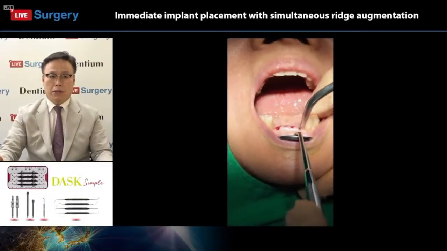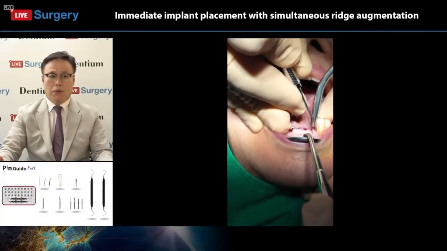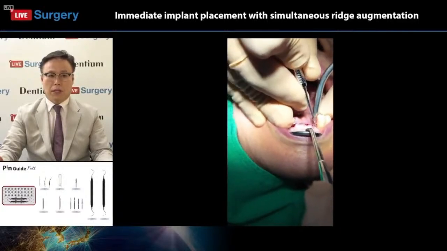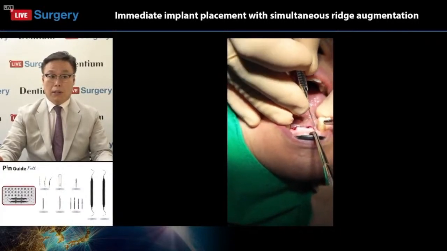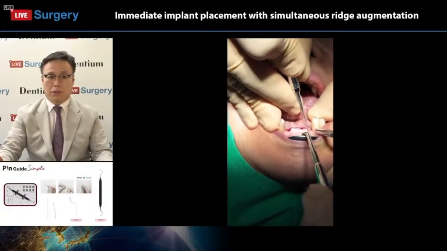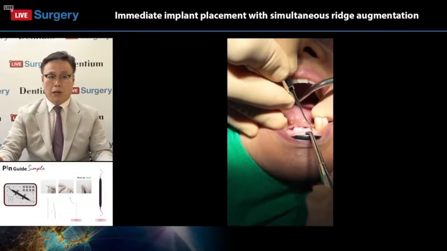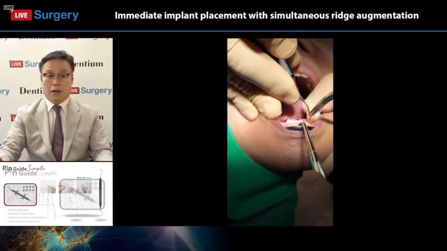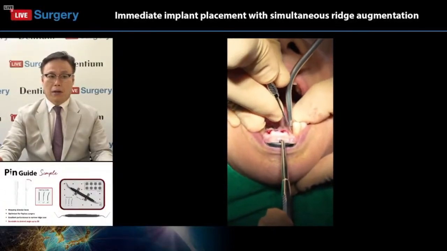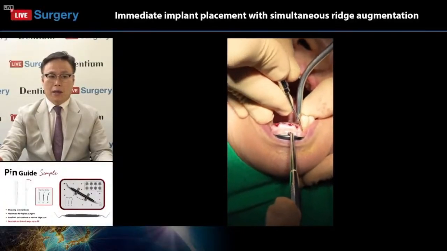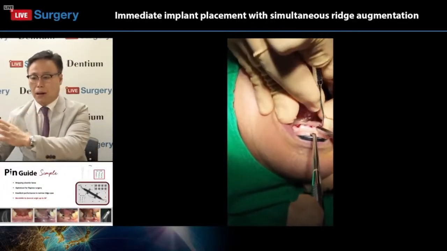If there is some remnant of calculus or biofilm, even though we successfully placed the implant at the extraction site, we cannot guarantee the success of the implant. There are a lot of papers supporting that. I did some research 10 years back about placing implants next to adjacent teeth with inflammation and biofilm.